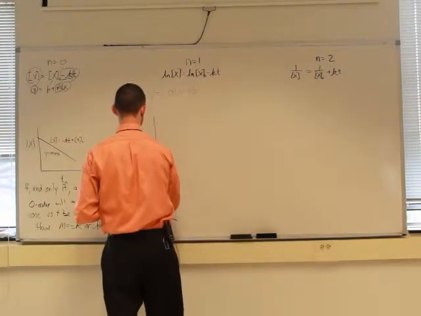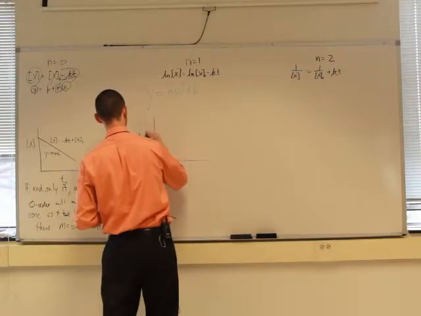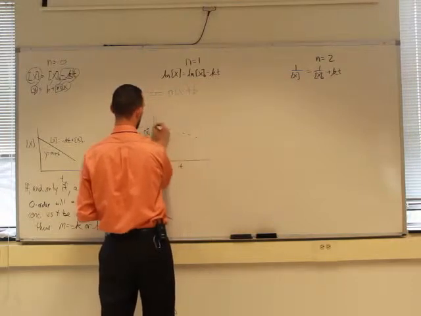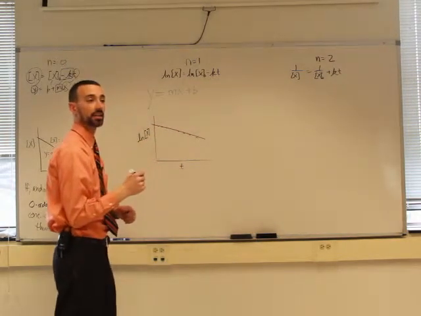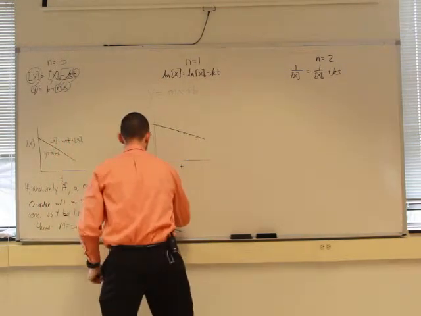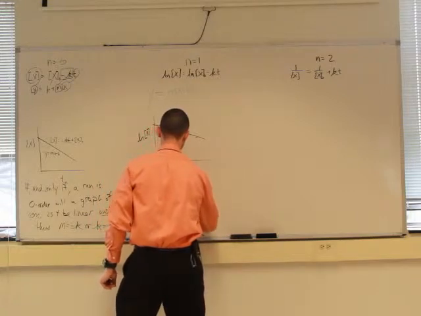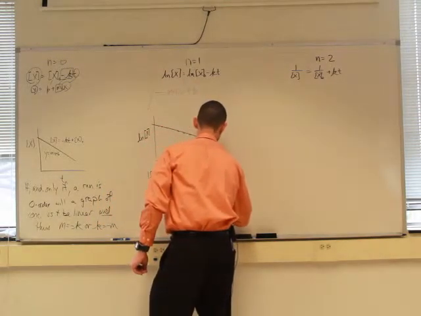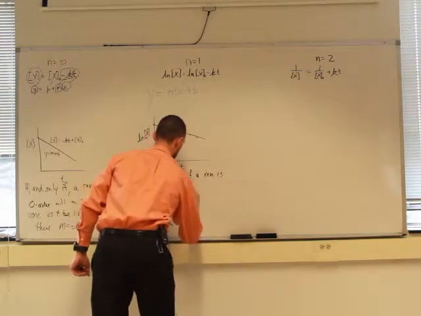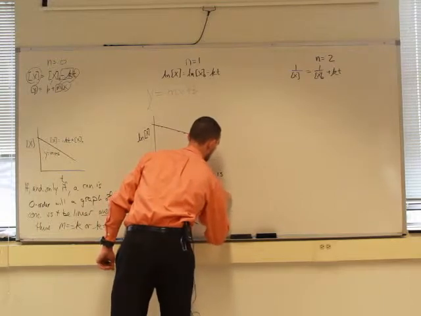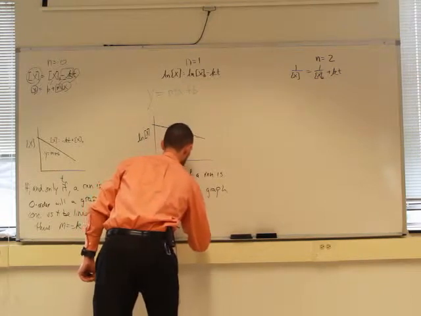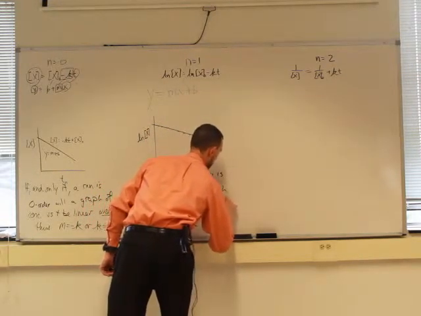Over here in the first order case, it would be a graph of ln of x versus time. That would be linear. Okay? And we could match up these parts. So if and only if a reaction is first order, will a graph of ln of concentration versus time be linear?